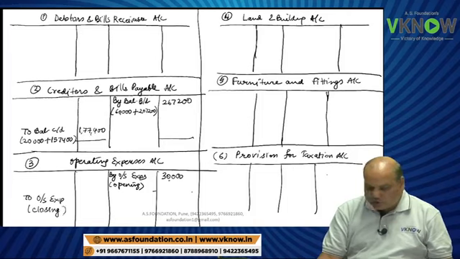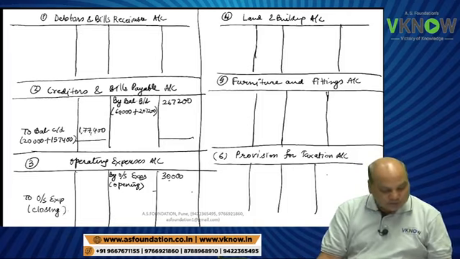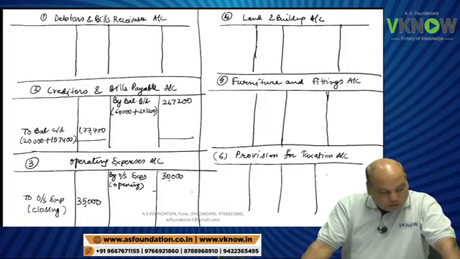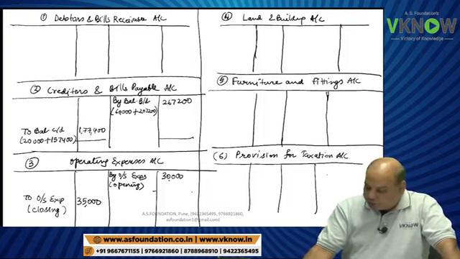Entry is expense account debit to outstanding expense 35,000. Then we'll come to provision for income tax account, working note 6.